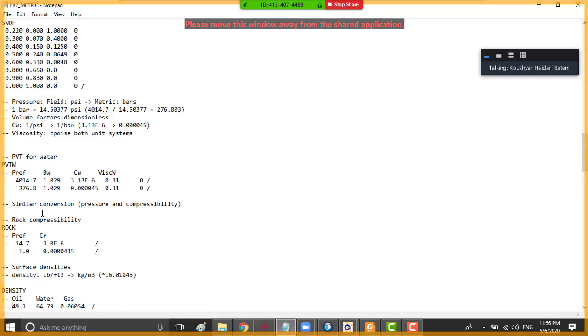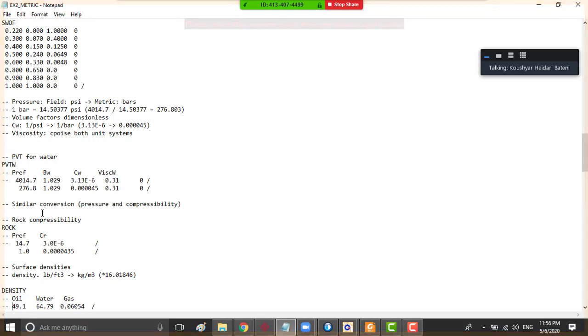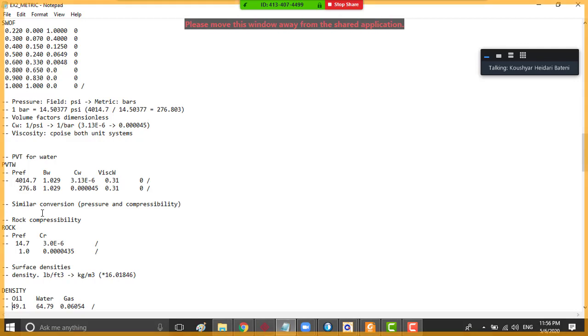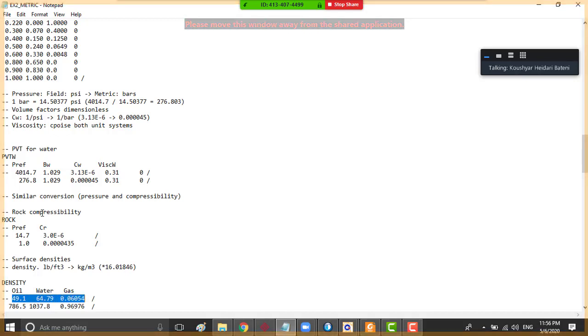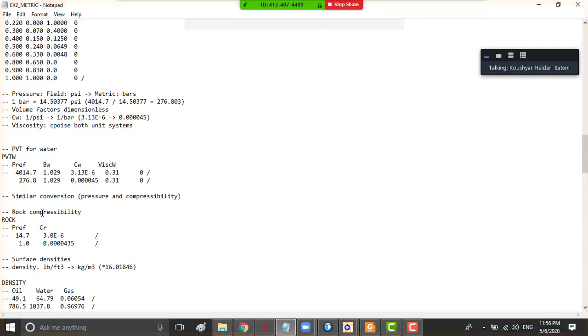So you're going to take samples from your reservoir, you're going to send them to a laboratory, then the lab is going to give you the result of the experiments, and the compressibilities, densities, rock-related data, PVT data, everything is determined, and you can use it to do your simulation. Now, imagine that the lab has announced these values for the densities of oil, water, and gas.